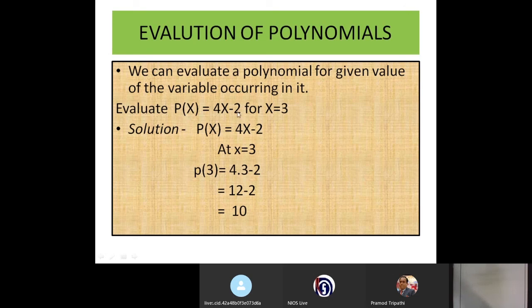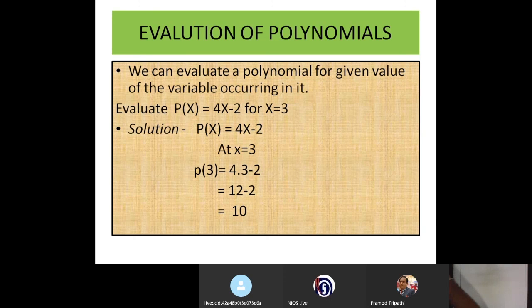We find the value of this polynomial at x equal to 3. So p(3) is 4 into 3 minus 2, 12 minus 2, so the value of the polynomial at x equal to 3 is 10. So we can find the value of any polynomial at a given value of the variable.